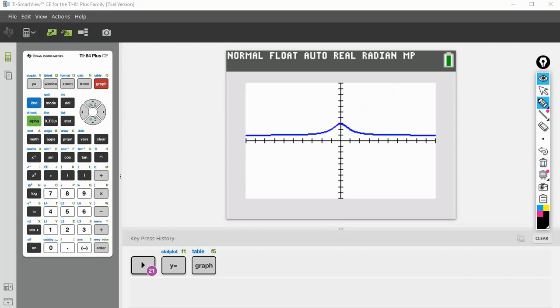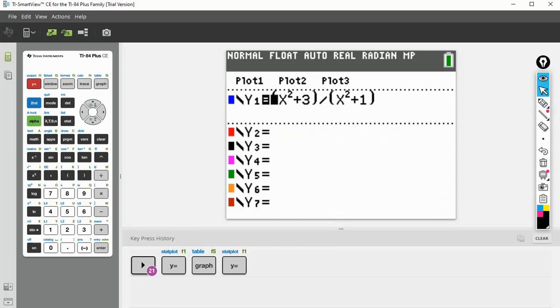Well, go back to where it says y equals. We hit that again, and then go to the end of the function you have there, all the way to the end. And there we use the divide to get that slash again, and then we open parenthesis and we say, okay, x, just type x from here if you want, x must be greater than or equal to 0.